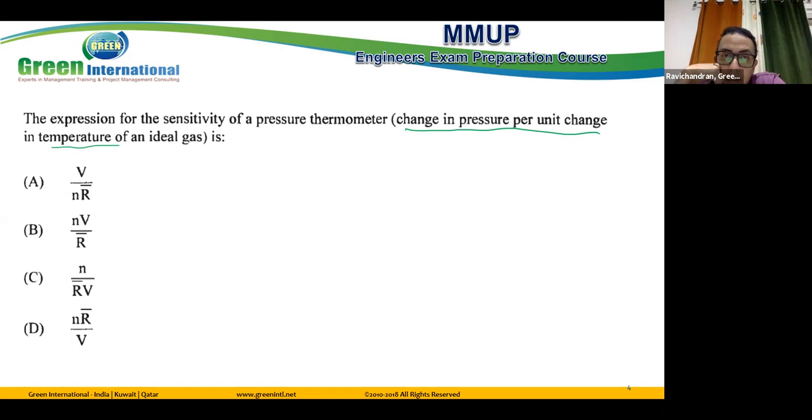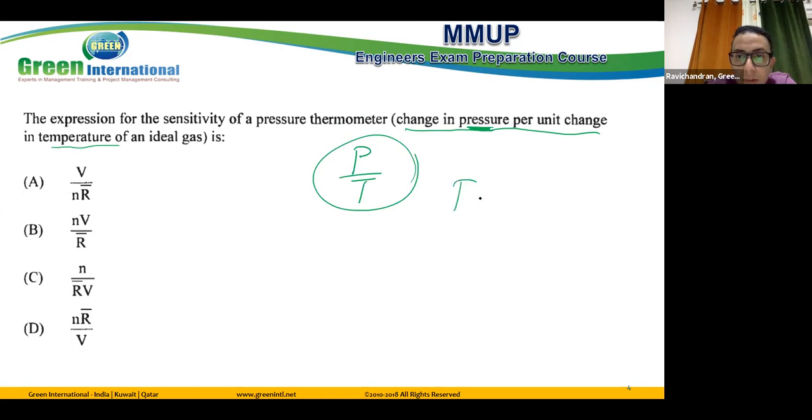Anyone can get the answer? What's the definition here? Change in pressure per unit change in temperature.